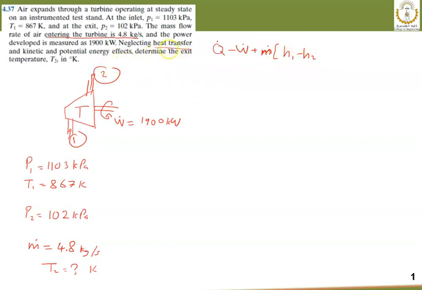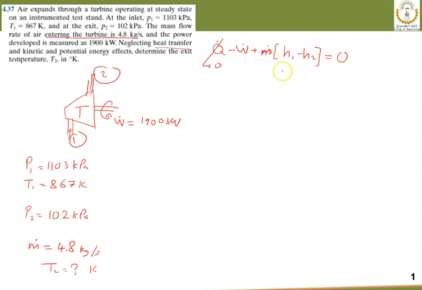Since there is no potential or kinetic energy change, this will be the only thing inside the bracket, and this equals 0 because it is steady state. Now the heat transfer is 0, so we have this relation.